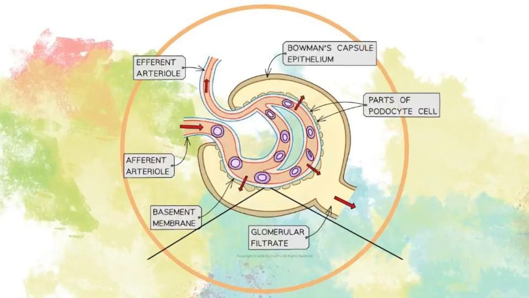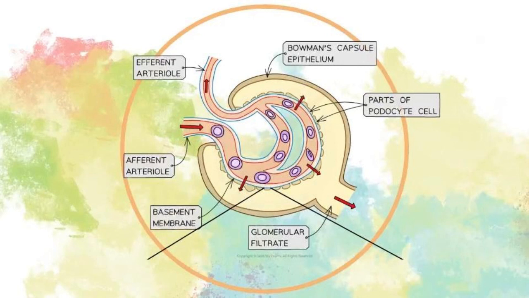And these are important because otherwise epithelial cell layers would not allow for the solutes exiting the capillaries to be absorbed into the Bowman's capsule. So they are specially adapted cell types on the Bowman's capsule to allow for the filtrate to come through. And as I said, the fluid that filters through from the blood into the Bowman's capsule is known as the glomerular filtrate.